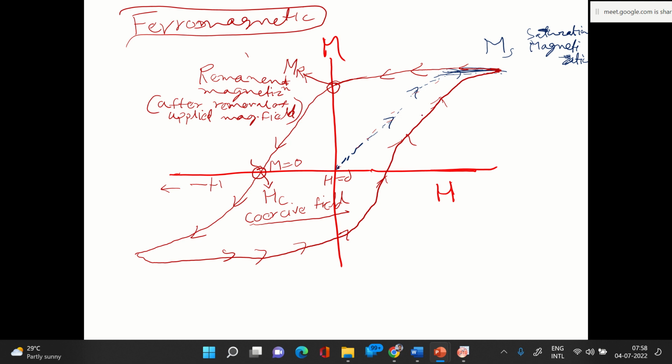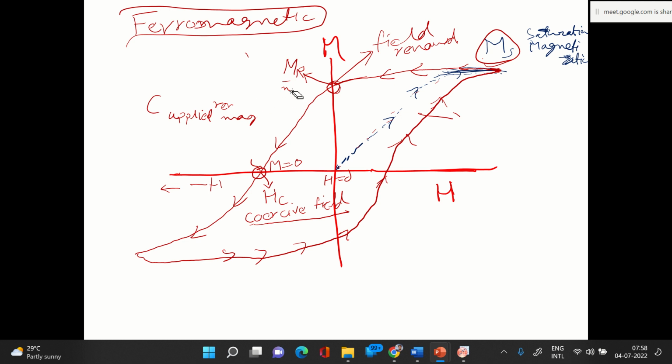So see, it was the Ms, high saturation magnetization, and when the field is removed, it is still showing some value very close to the saturation magnetization. It retains the value, and so we say that it remembers its history.